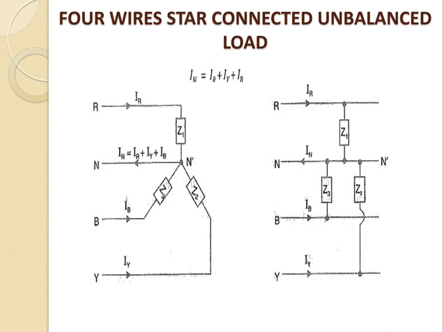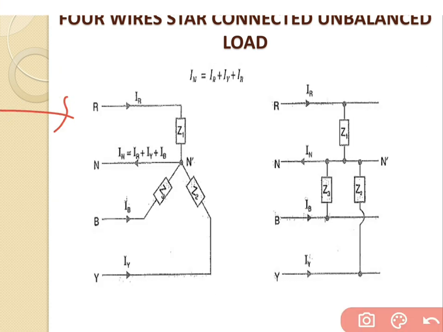So the first figure is for a 3-phase load which is connected with a 3-phase 4 wire star connected supply. The current that is flowing from the R phase is IR. The current flowing from the neutral is IR plus IY plus IB.